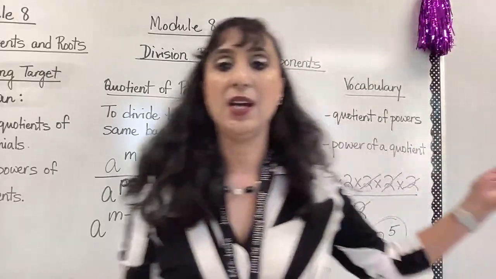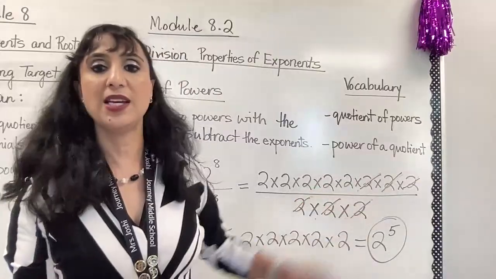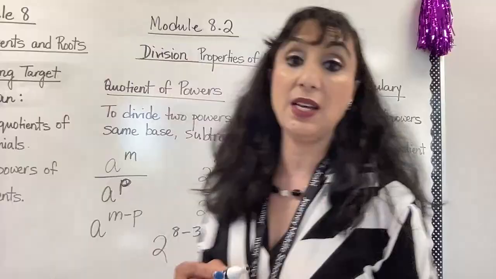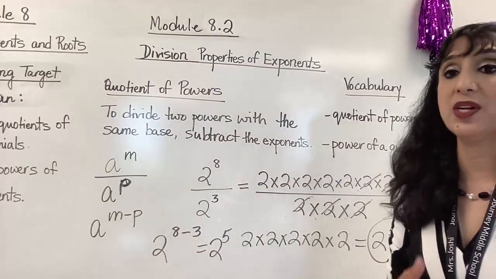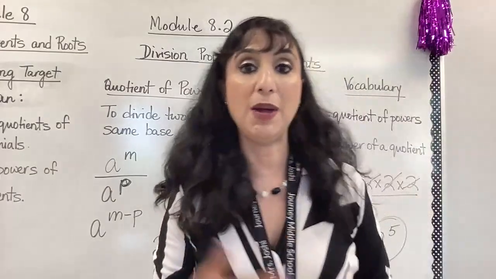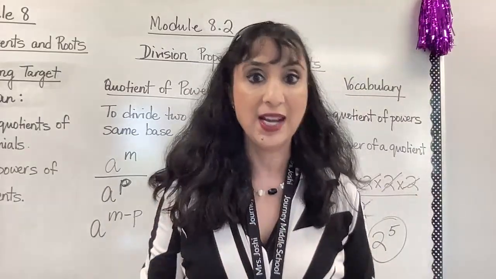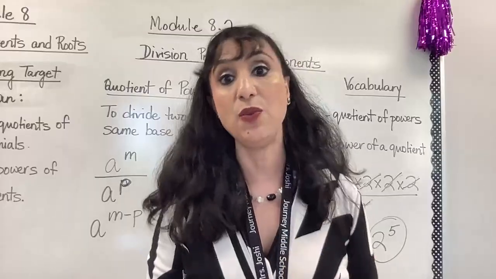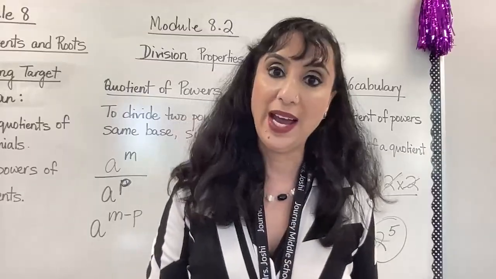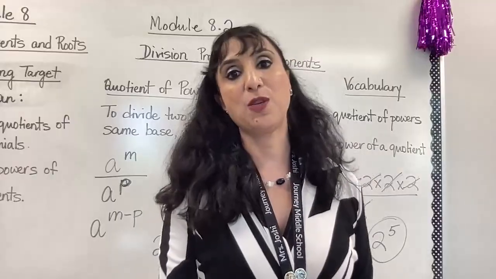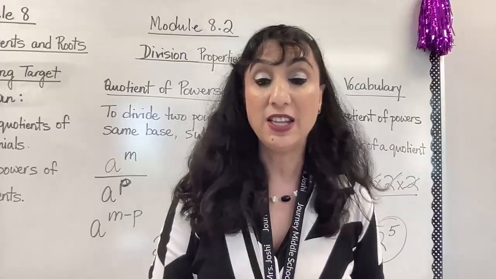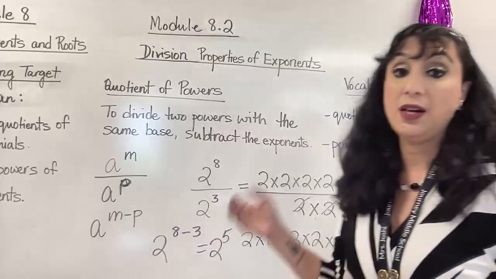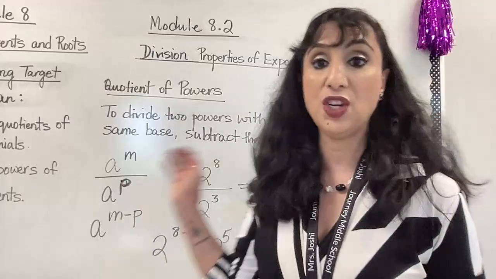Instead of doing this whole elaborate process, if I'm doing quotient of powers, I am going to take those exponents and subtract. Remember when we did multiplication, we added. In the opposite of multiplication, which is division, we are going to subtract the exponents. And that is the only difference between multiplication and division of powers, or quotient of powers.